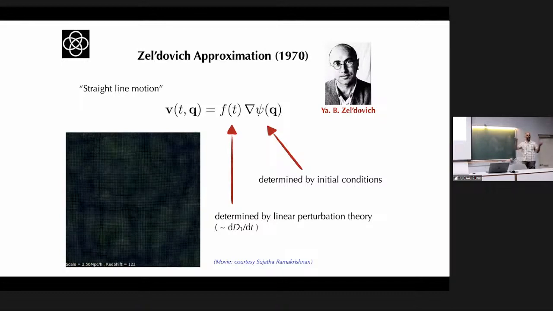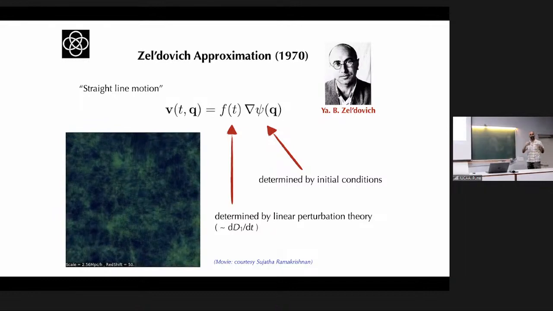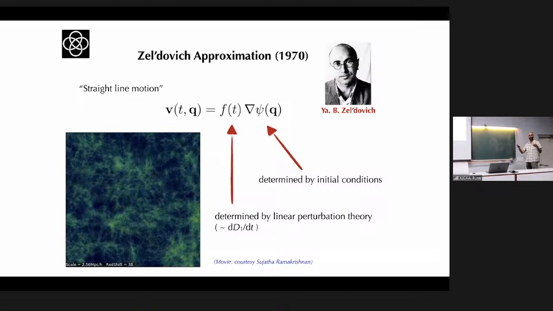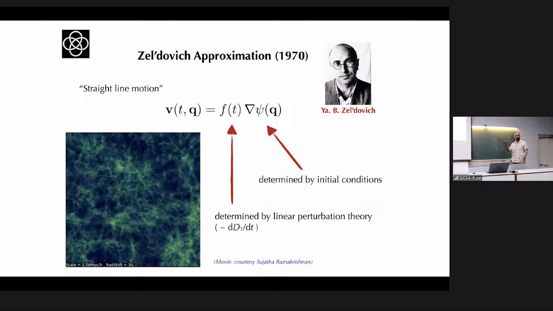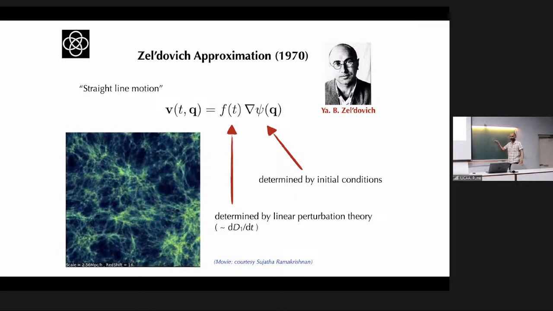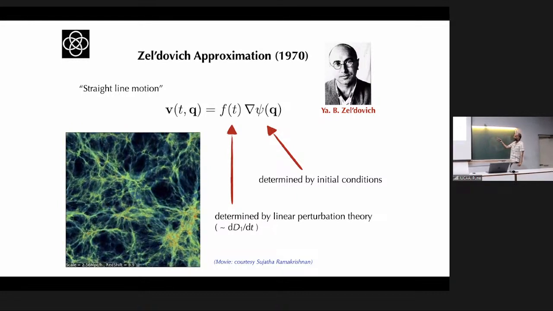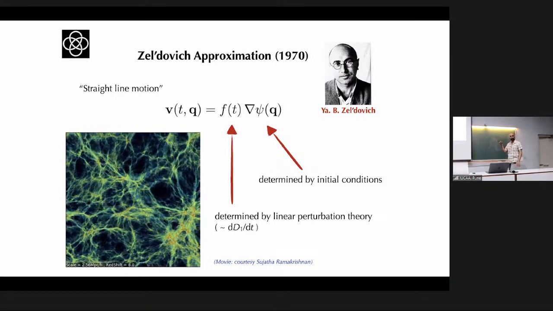So these things don't happen in the Zeldovich approximation, but it is nevertheless extremely useful. And in fact, it is used to set the initial conditions of all current n-body simulations which are solving the full problem. Okay, so it is an approximation, but incredibly useful, not only in the practical sense for setting initial conditions, but also qualitatively for helping us understand how the cosmic web emerges.